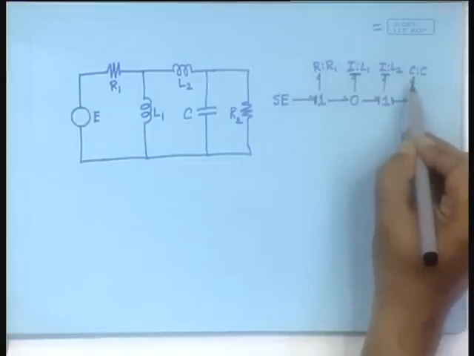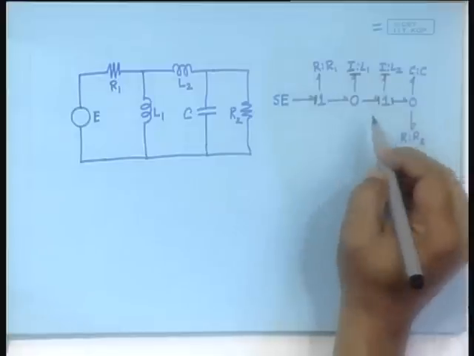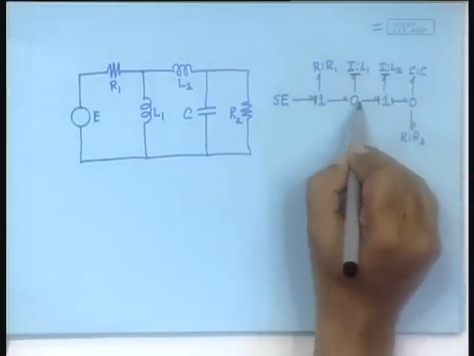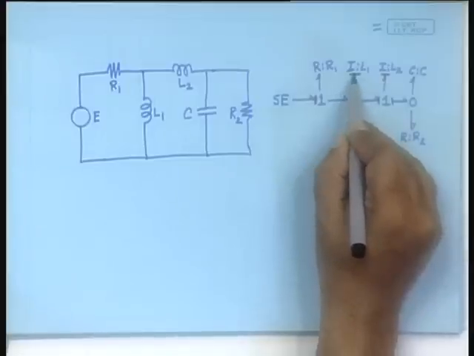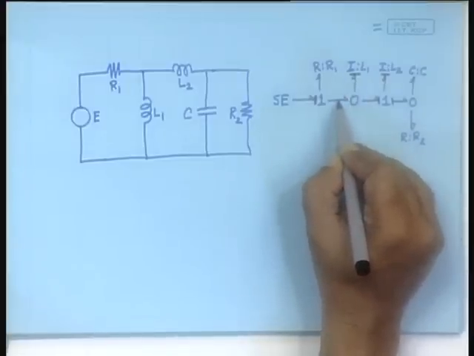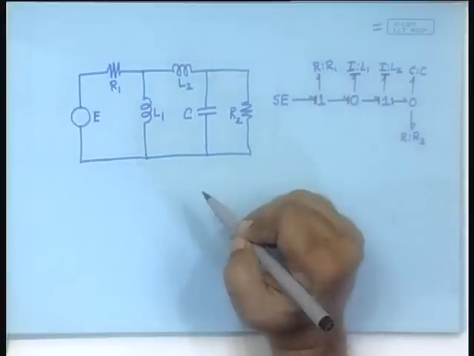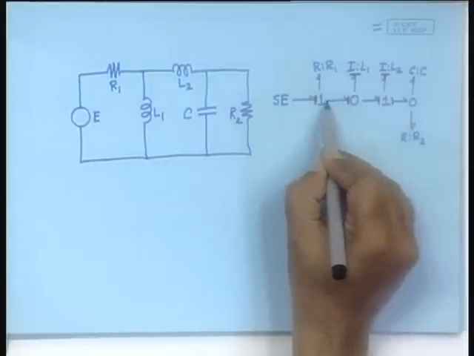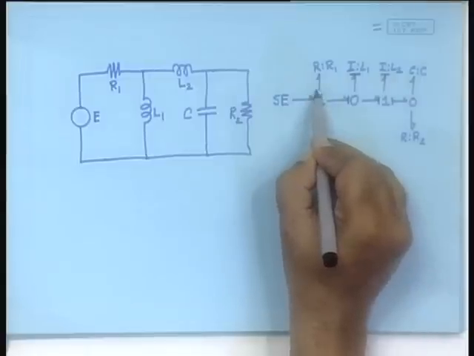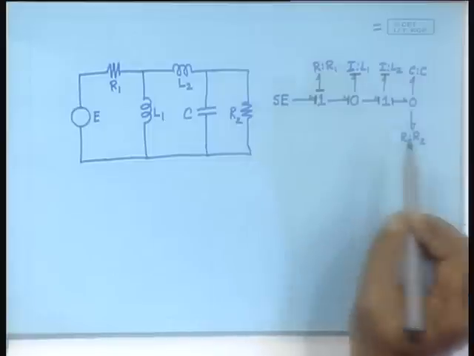Come to this point now. See, it has taken out the effort information, and therefore this bond must bring out the effort information. So it must be like this. So here is a one junction which has received the flow information, and therefore the flow information must go out. Okay.